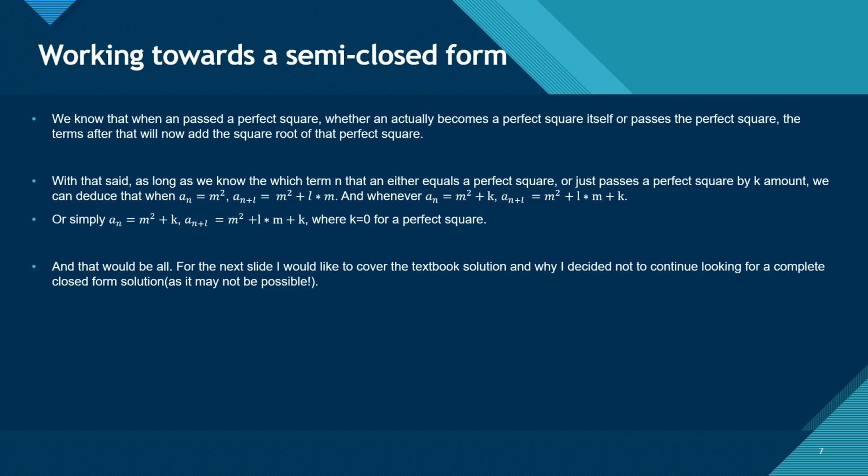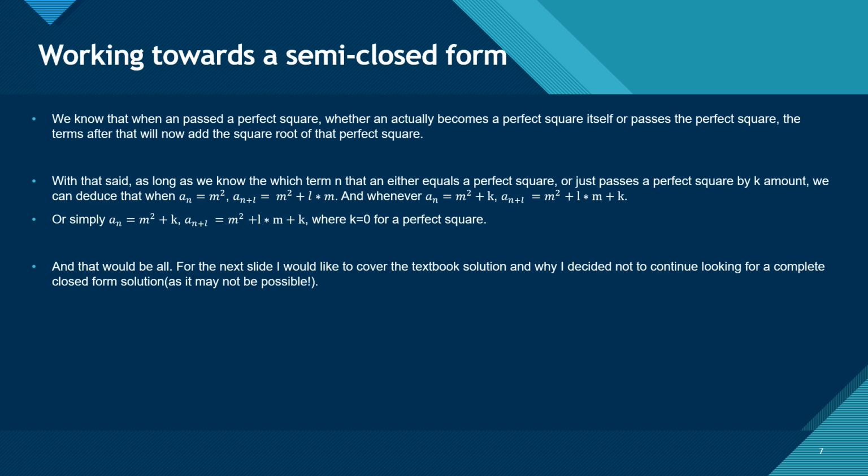So we could say that when a of n equals m squared, a of n plus l equals m squared plus l times m. That would mean that a of n plus 1 is m squared plus m, and a of n plus 2 is m squared plus 2 times m.